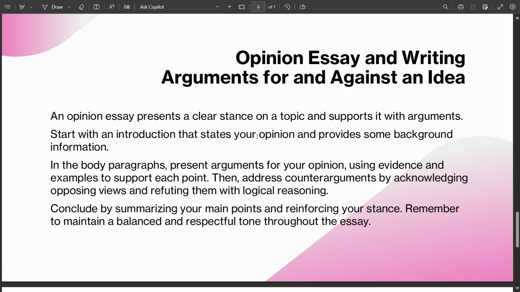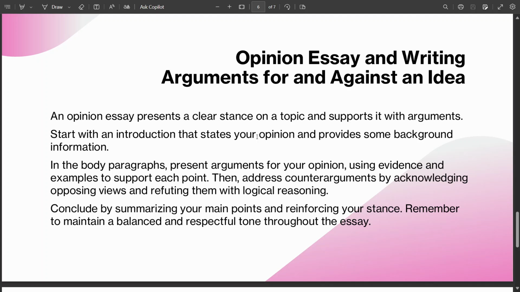Now, this is a very good piece of information about opinion essays in general. Your book may have taken a different stance on this. Your book says, for example, that you don't need to mention your idea in the first introduction paragraph. You can put it at the end. Your book also says that you don't need to choose one side. You need to provide arguments for and against the idea at the same time.